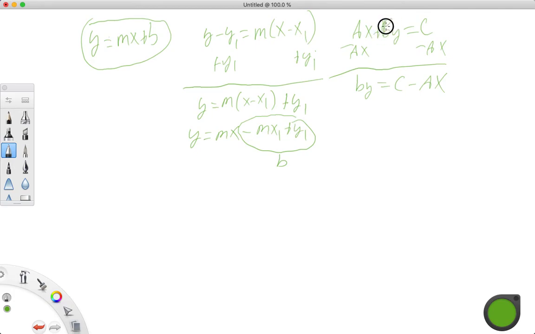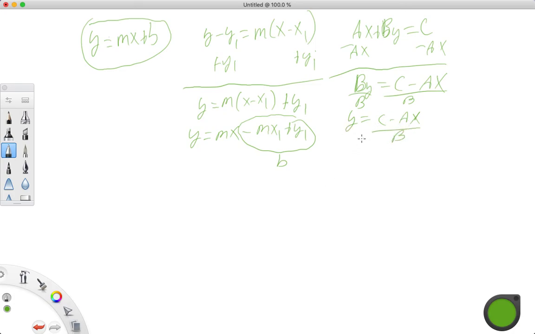We should make that a capital B so that it doesn't get confused with our y-intercept. Okay, let's start by solving for y. So that means we have to divide both sides by B, and so y equals c minus ax over B.